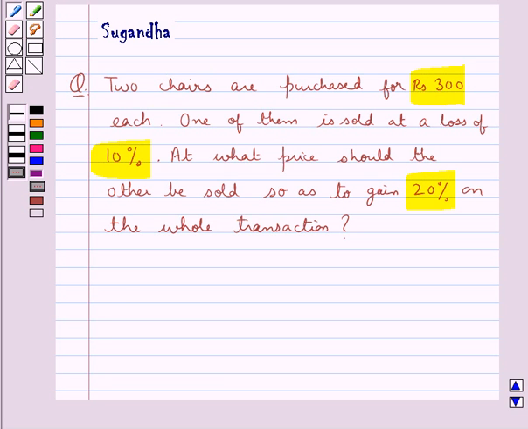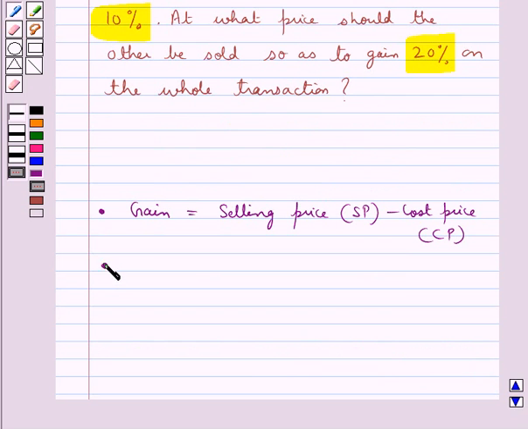Before we move on to the solution, let's recall some formulae. We know that gain is equal to selling price SP minus the cost price CP, then gain percent is equal to gain upon the cost price CP into 100%.